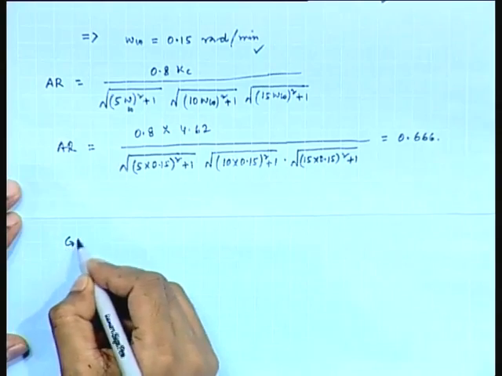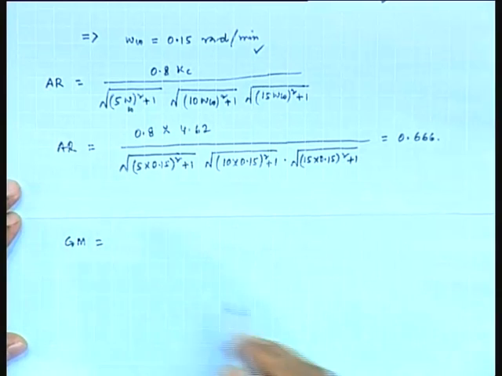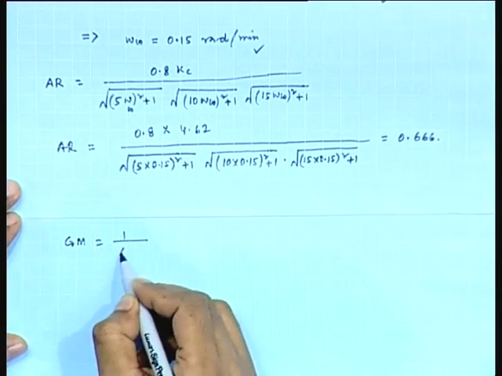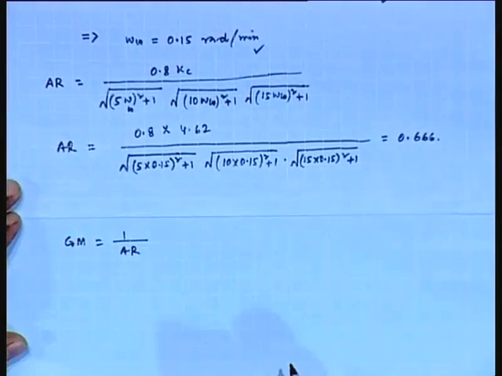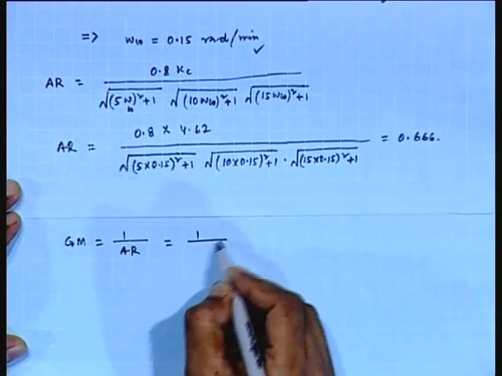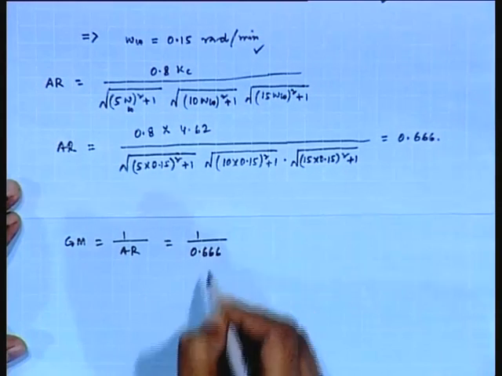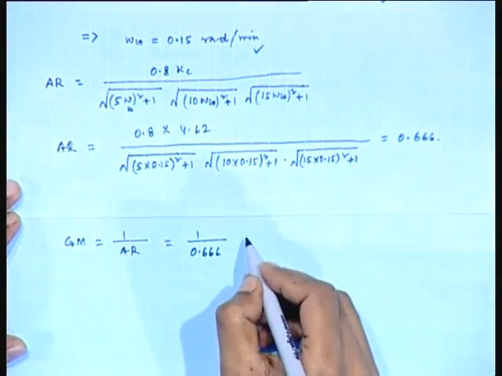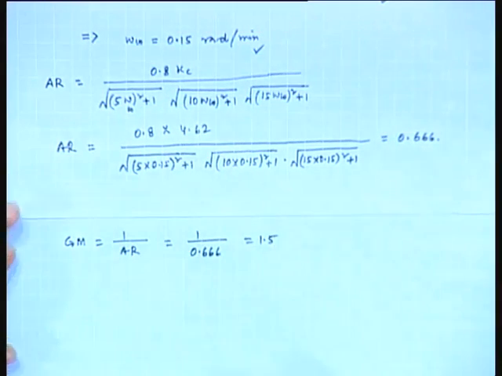Then how much is the gain margin? 1 divided by the amplitude ratio, I mean 1 divided by 0.666, and this is equal to 1.5.